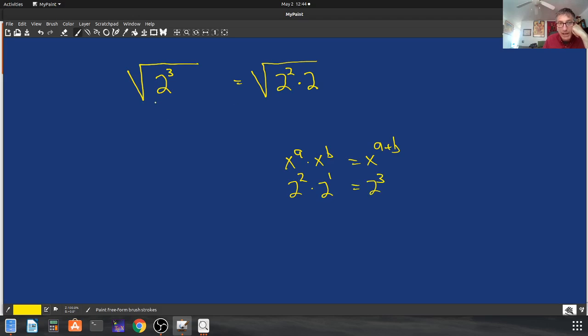And that's what I actually claim it's equal to. So now I'm just going to use my product rule. The square root of 2 squared is 2, times the square root of 2. So that's going to give us a good example of how we have to proceed.